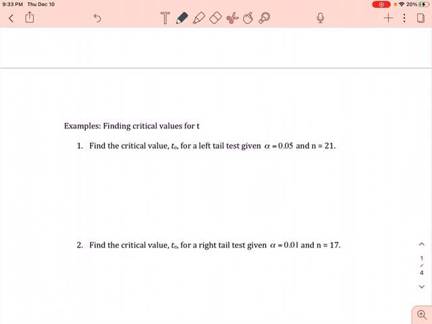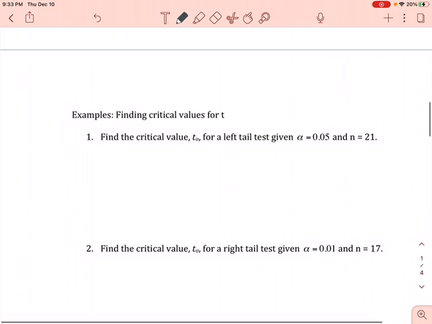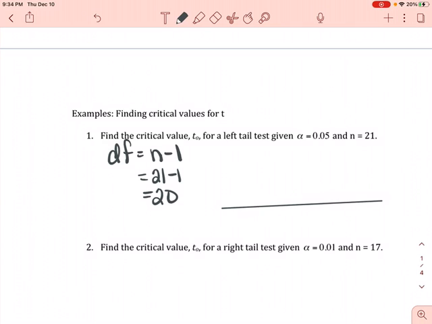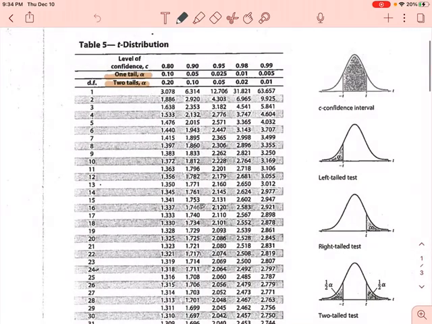We're going to find a critical value t sub 0 for a left tail test, given alpha is 0.05 and we have a sample size of 21. The first thing we're going to find is our degrees of freedom. That's going to be 21 minus 1, or 20. So I'm going to go in the row that says 20. We're doing a left tail test, so we're going to draw our picture for a left tail. Here's my shaded region, and I'm going to find this value.